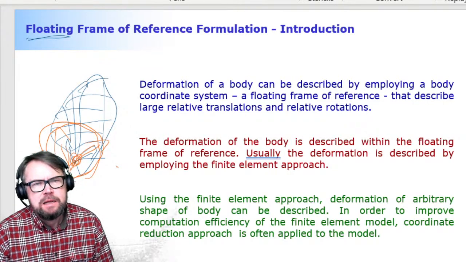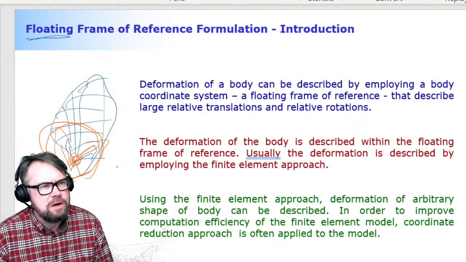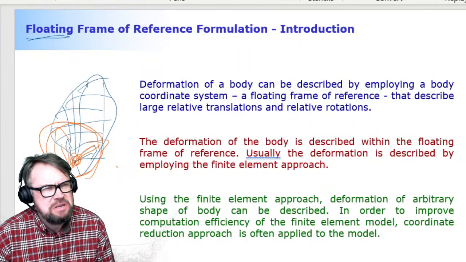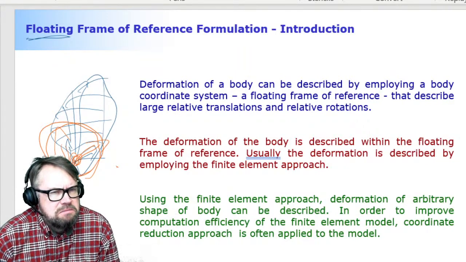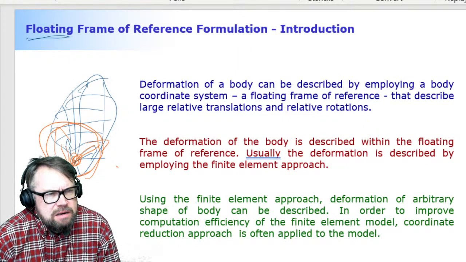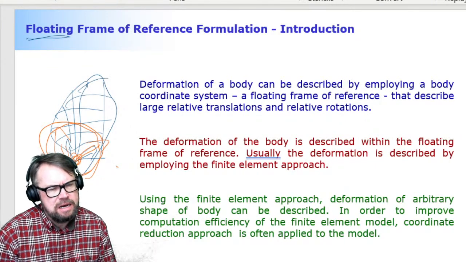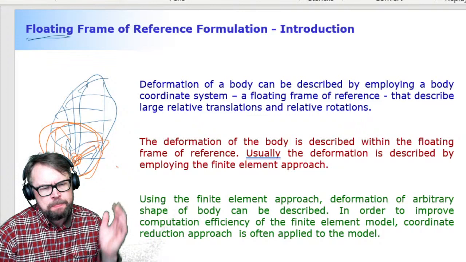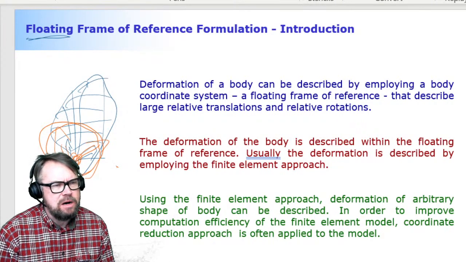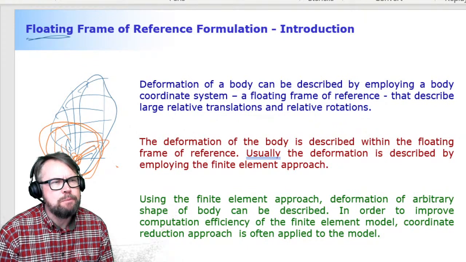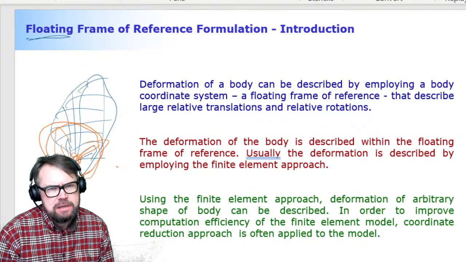Okay. Now, the obvious problem you can see already here is that these two things are not getting along well, multibody and finite element. They don't get along well because in finite element modeling, you can easily have a huge number of degrees of freedom. You can end up with 100,000 degrees of freedom, 1 million degrees of freedom.